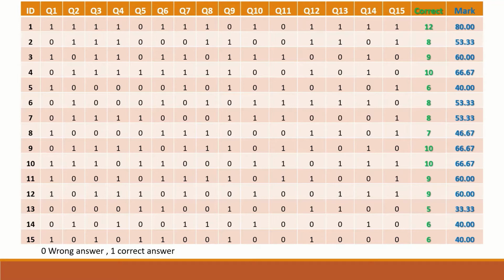Here in this table is shown an exam result for 15 students answering 15 multiple choice questions, and for each question the score is recorded as either 0 or 1, 1 is a correct answer, 0 a wrong answer.